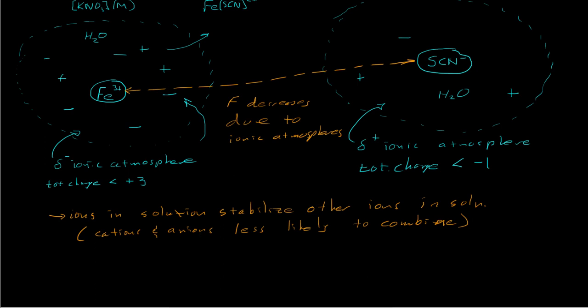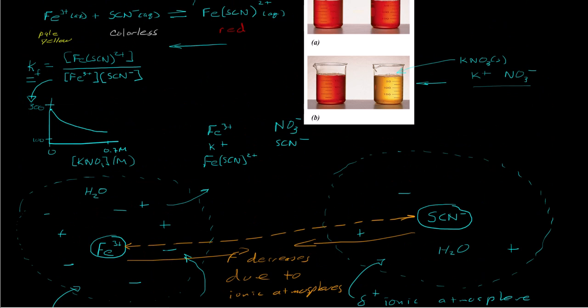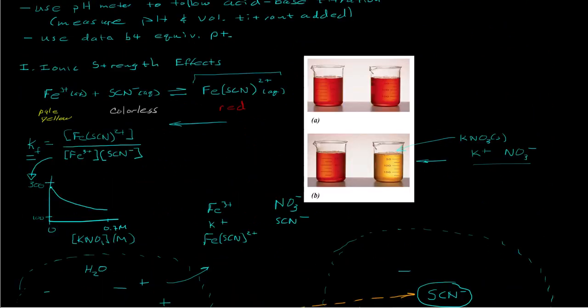In other words, it's going to be harder for these ions to recombine because they don't feel as much attraction for each other, and there are these other intervening ions in the way in their ionic atmosphere. We can see that in our reaction up here, that these two ions, iron and thiocyanate, are less likely to come together as the ionic strength of this solution increases.